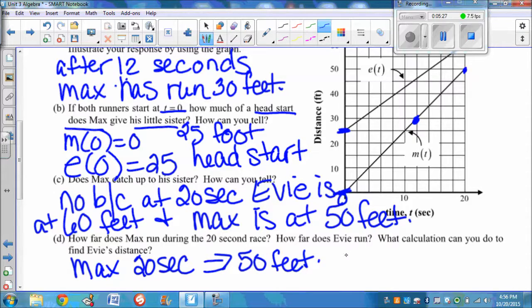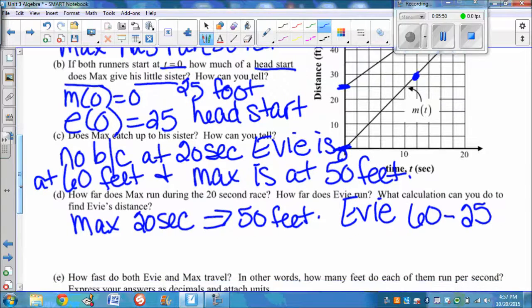At time 20, she is at 60 feet. So let's talk Evie. We see that she's at 60, but she had that 25-foot head start, so we got to subtract that away to say that she ran 35 feet. Be real careful with that.